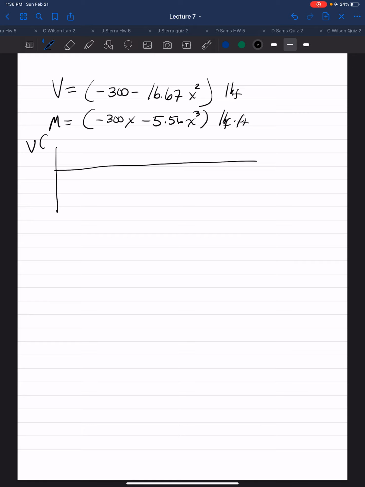V is in pound force. X is in feet. Minus 300 when x is 0, minus 900 when x is equal to 6.